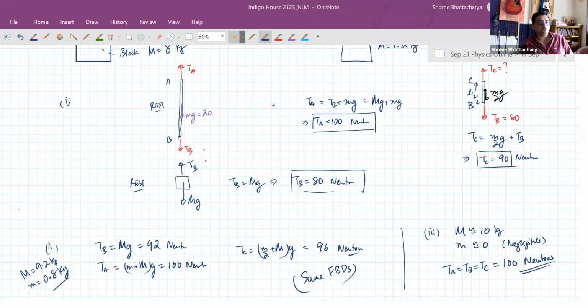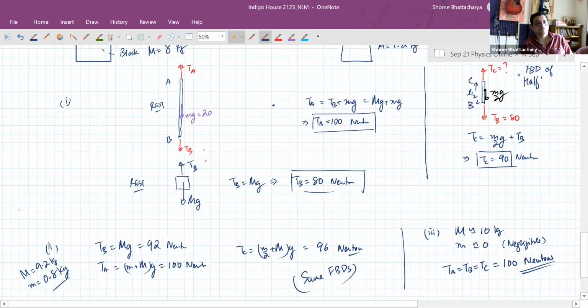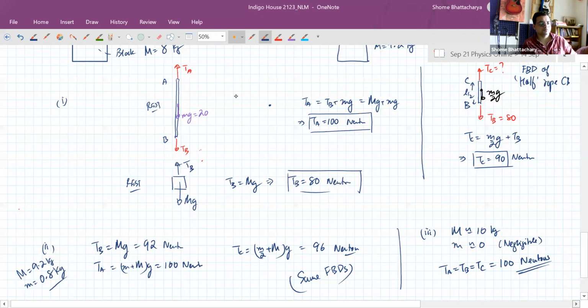Yeah, so for tension at the point C, Khushi, what we've done is we made the FBD of half the rope, this part. This is the free body diagram of that section CB, the lower half of the rope.